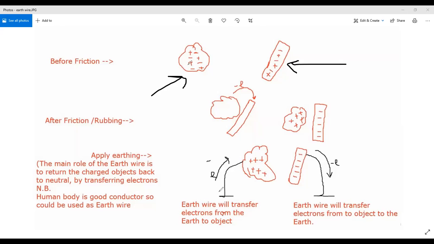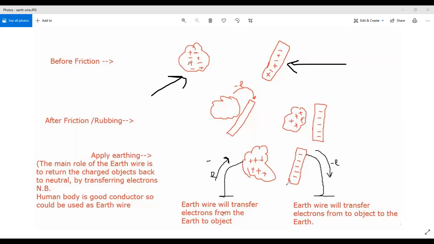Electrons will travel from the earth towards the substance when there are a lot of positive charges, since it needs electrons to balance itself. If it's negatively charged, it will take the electrons from the substance towards the earth.